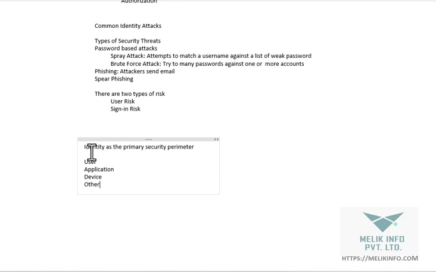As an organization, it has become very important for us to secure our identity. Our identity can be associated with a user, an application, a device, or something else.